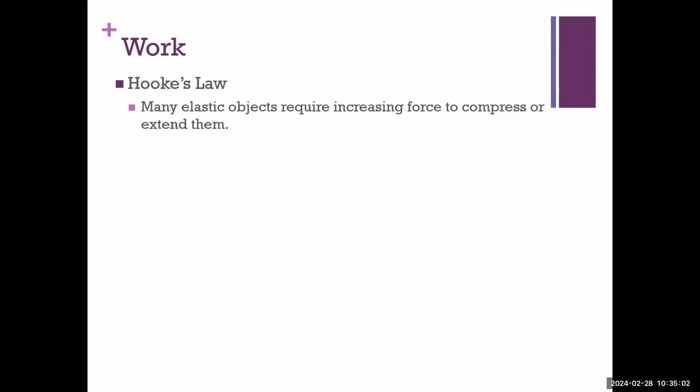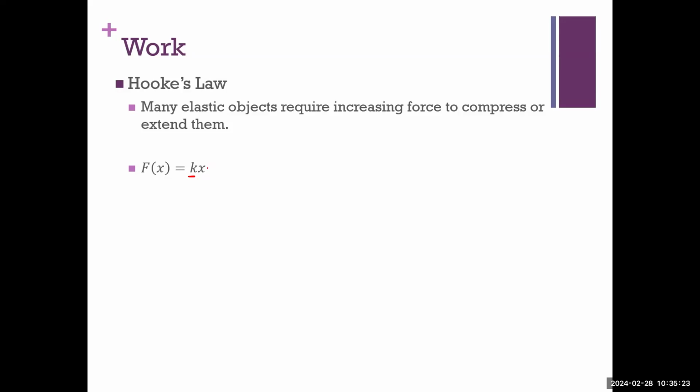So basically what Hooke's law does is assume that all those things react the same way. There's some constant k, which tells you how stiff the spring is. The larger that value is, the harder it is to compress or extend one of these things.